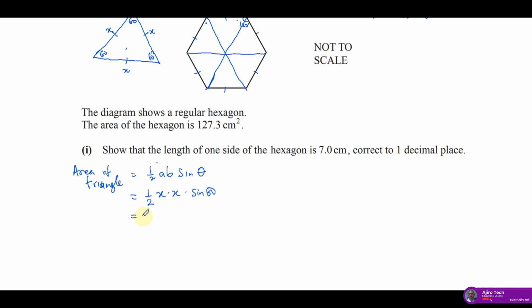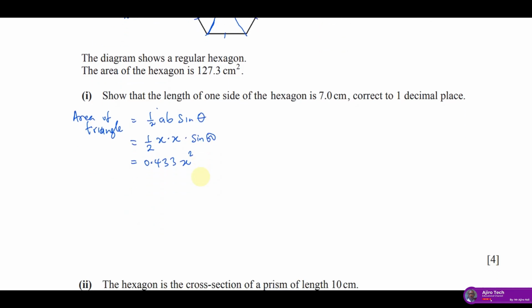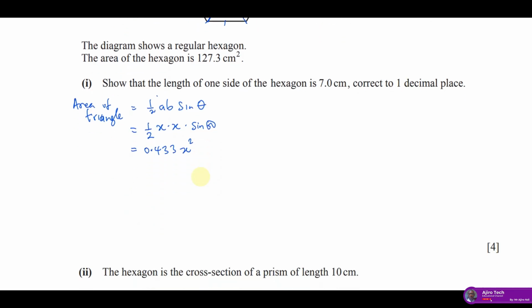We do this to get 0.433 x squared. So now that I've got the area of each triangle, I can say that 6 times the area of a triangle is the area of the hexagon.